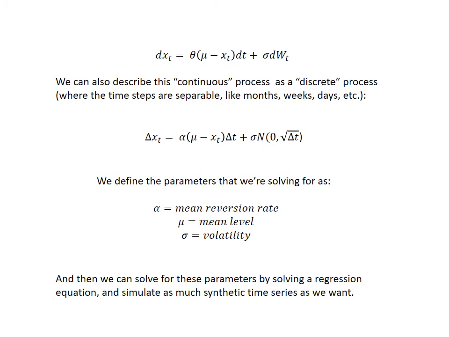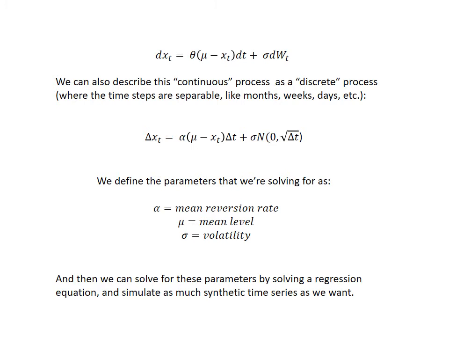So we talked about how the process evolves as a function of how far above or below the current price is from the mean. If it's way above the mean, then the process tends to decrease, so the value of delta xt here would be more negative. But we also have to characterize how fast we want that to happen.